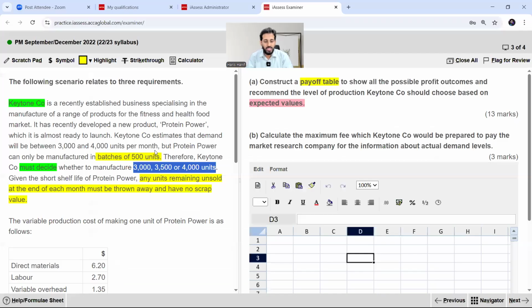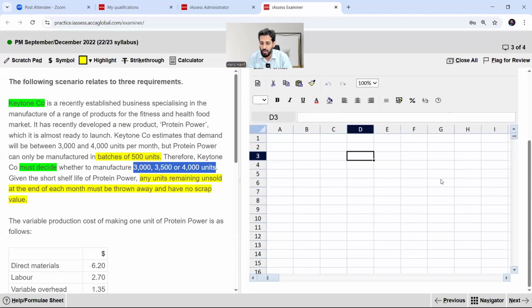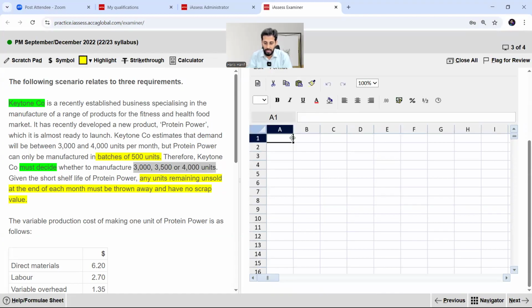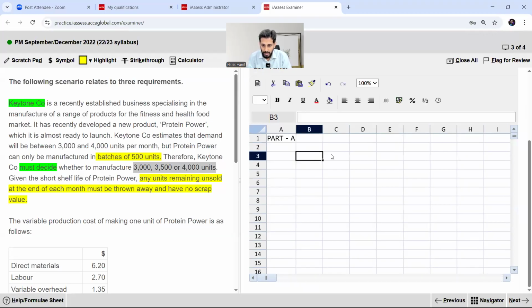Before reading ahead, I'm just going forward with this particular thing, part A. I am giving the heading over here, part A. And here we can write production level.